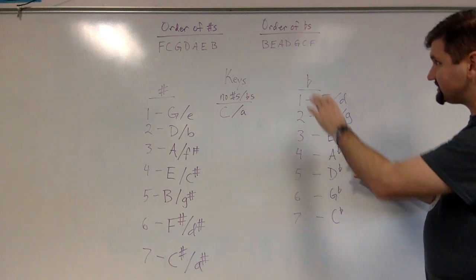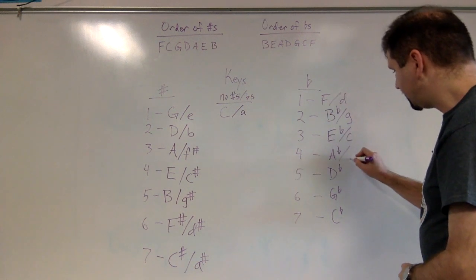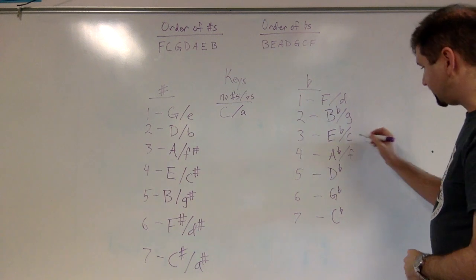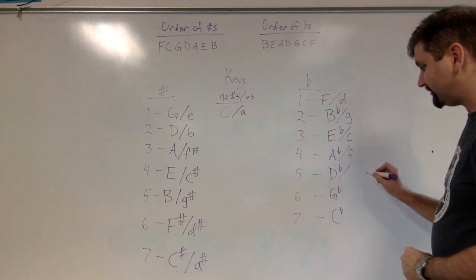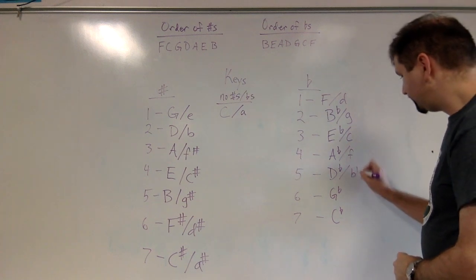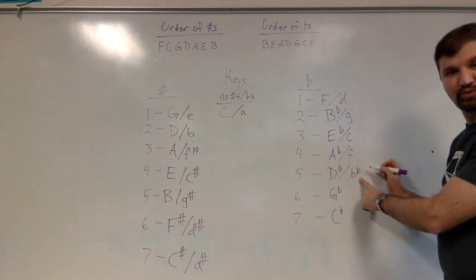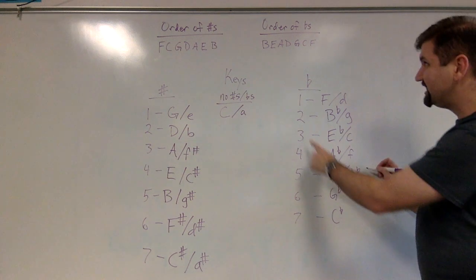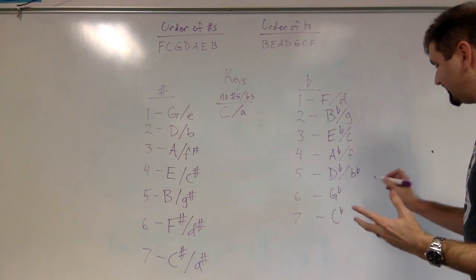So at 4 flats, we're at F minor, right? Counting from C. And then counting from F, we're at B flat minor. So finally we got to a point where it's already been flat. By the time we get to 5 flats, B, of course, is flatted.